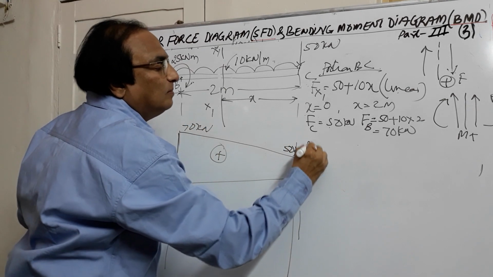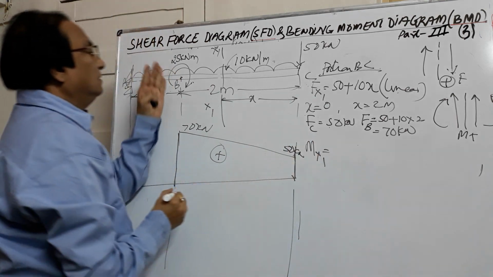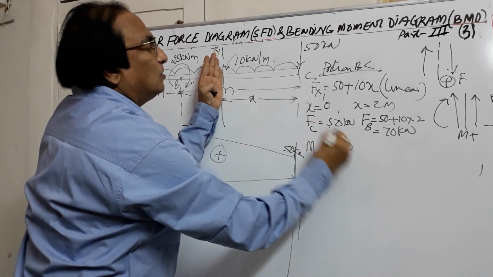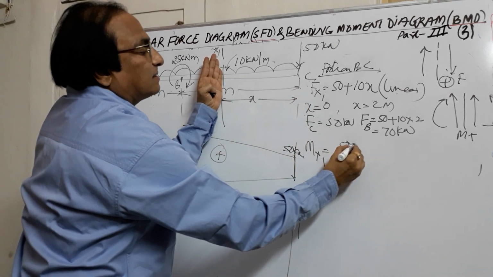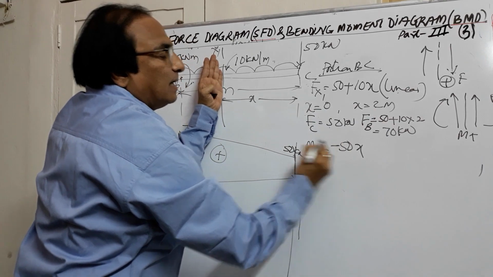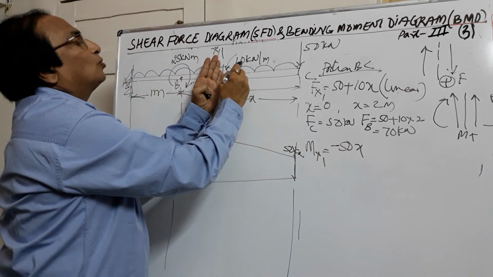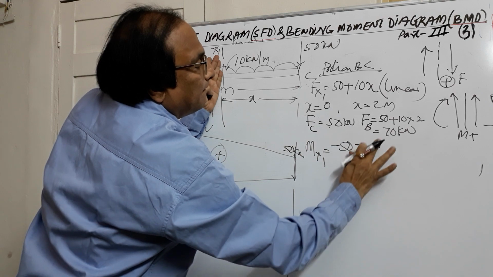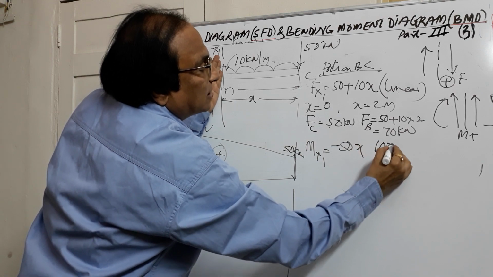We will go for bending moment at x1. So moment is 50 into perpendicular distance x. Down, moment is negative. We will come to this UDL. Total UDL is 10 into x. Where will it act?